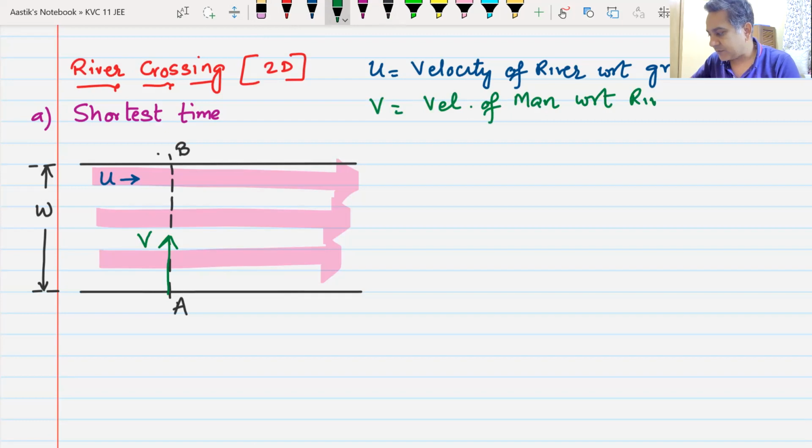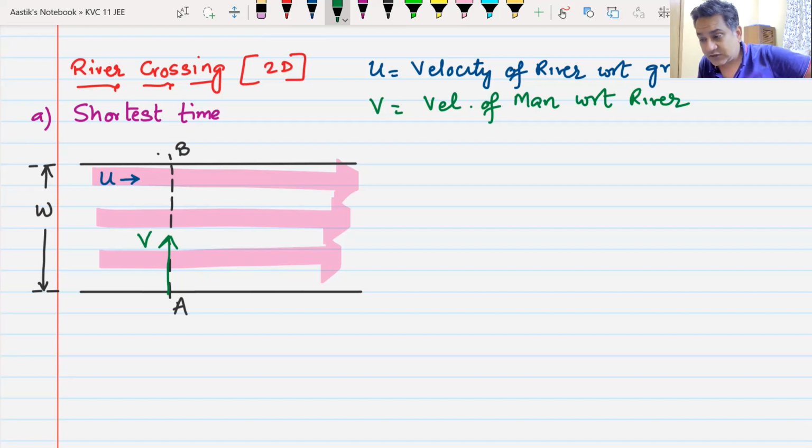With respect to the river. Sometimes it is given straight away as velocity of man with respect to river. Sometimes they will say that man can swim with a velocity of 3 km per hour in still water, in river. That is actually the velocity of man with respect to the river.